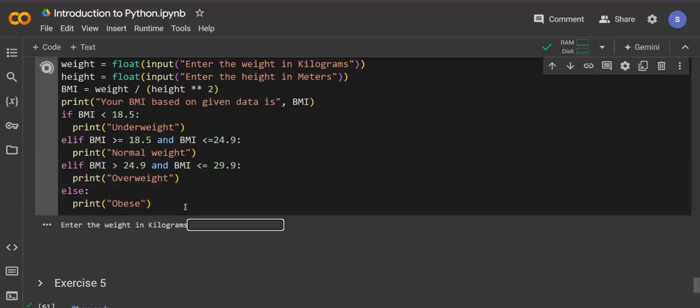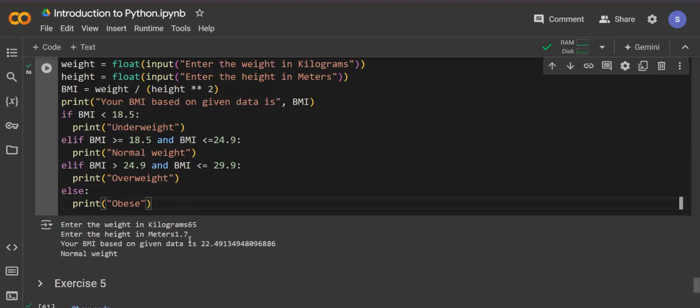It is 1.7. This is a mistake I make often. So 1.7. Yes, normal weight. The BMI based on the given data is 22.49 and it is normal weight, right? So I believe everyone can mix and match your height and weight and check your BMI, to see whether you have a healthy weight or not.